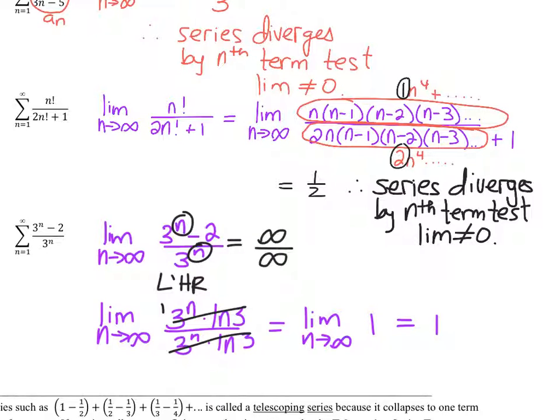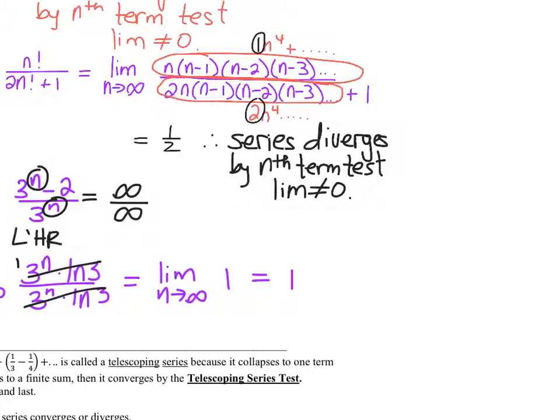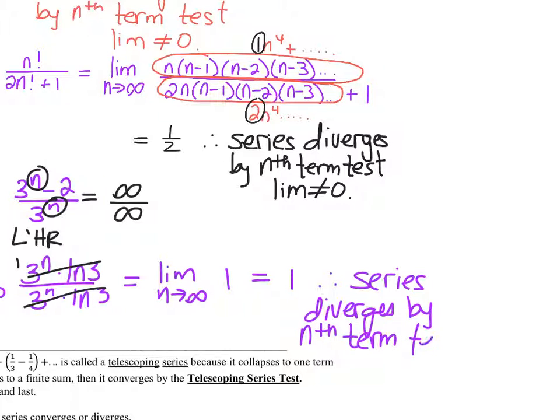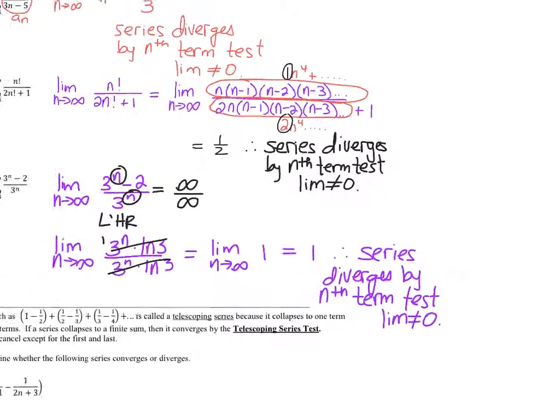So the series diverges by the nth term test, since the limit's not equal to 0.